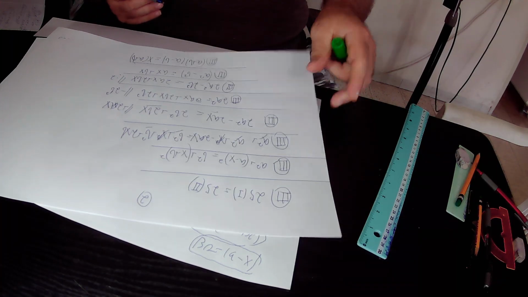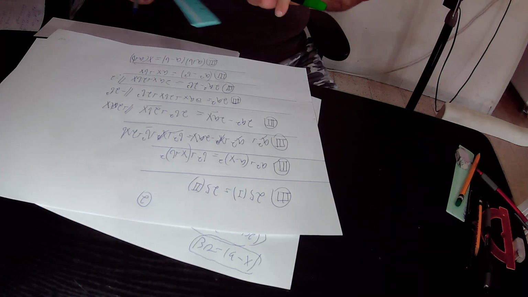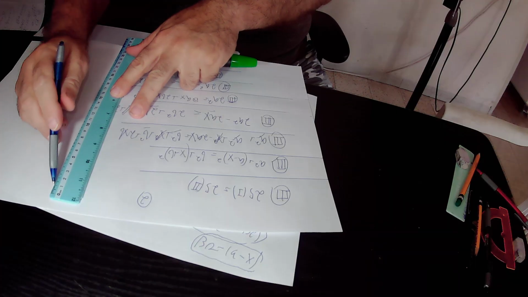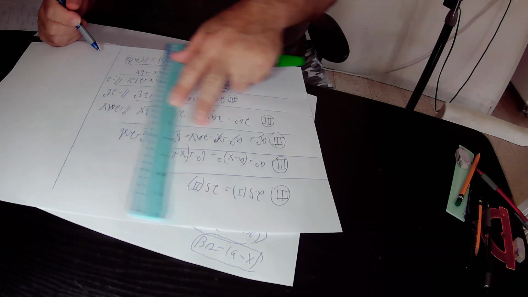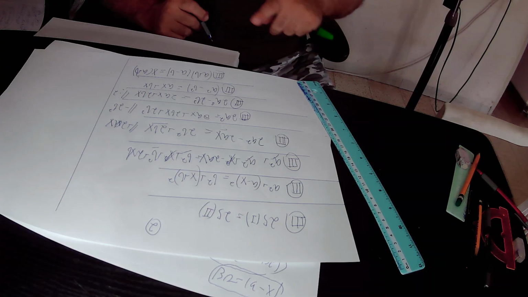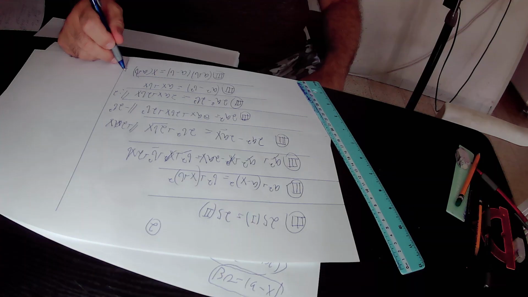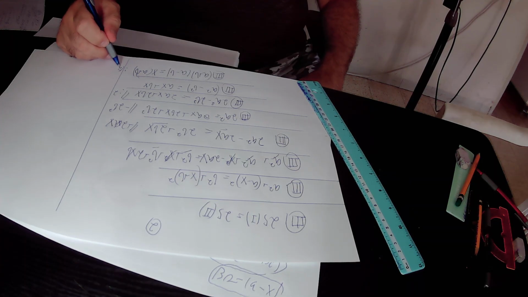When you add two positive numbers, the result is a positive number. That is to say, a plus b can never be equal to 0, and therefore it is allowable to divide this equation 3 by a plus b.